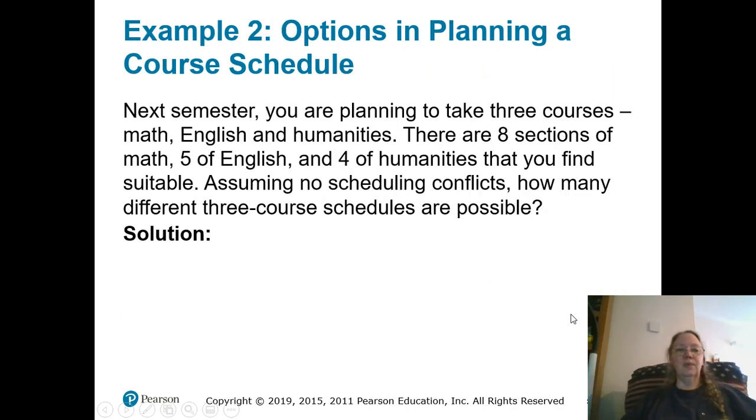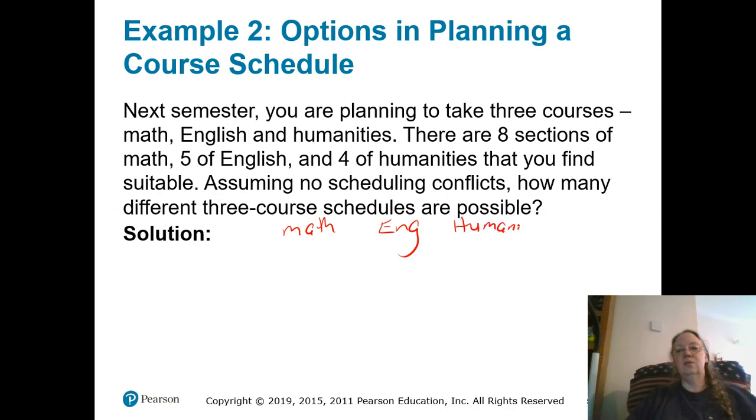All right. Next semester, you're planning to take 3 courses: a math course, an English course, and a humanities course. So we're going to figure out how many choices of math, how many choices for English, and how many choices for humanities.